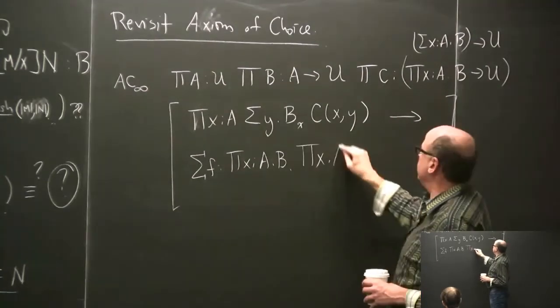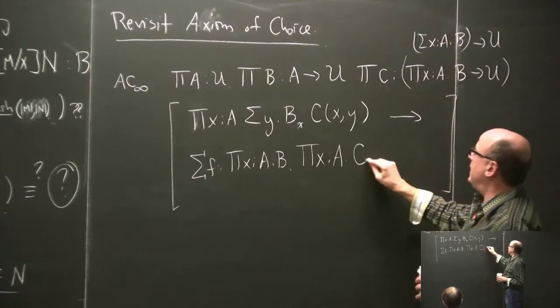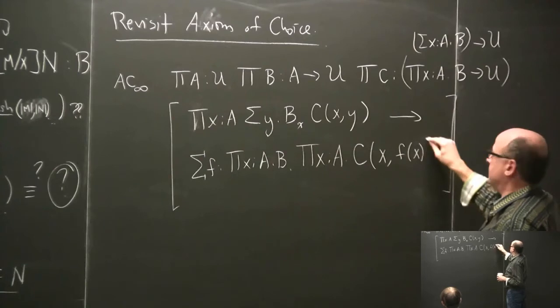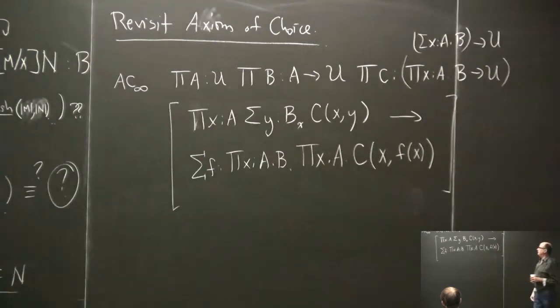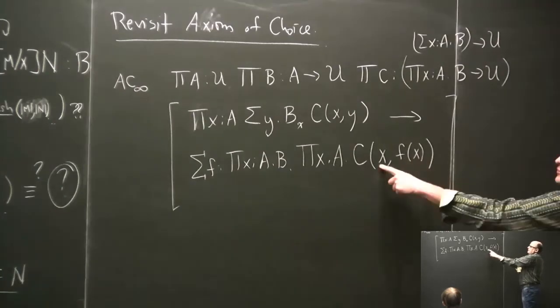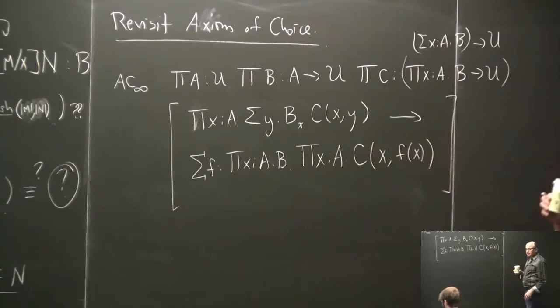It says if you tell me which domain element you're interested in, I will give you a witness to the fact that C holds for that particular element. If C is total, then I will pick out a witness of the totality.